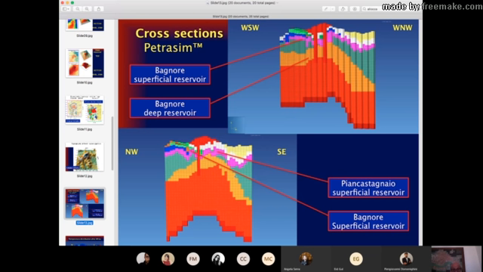In the cross section to the left, you can see indicated the Bagnore superficial reservoir and the Piancastagnaio superficial reservoir. This is a northwest-southeast cross section through the Amiata volcano.